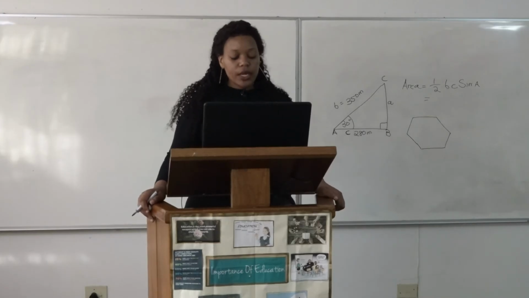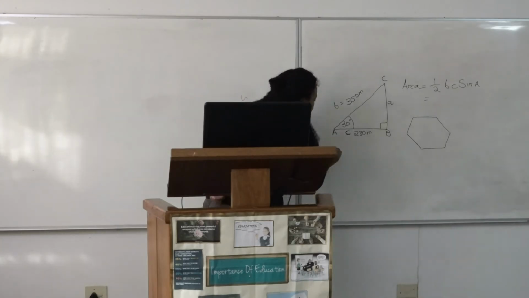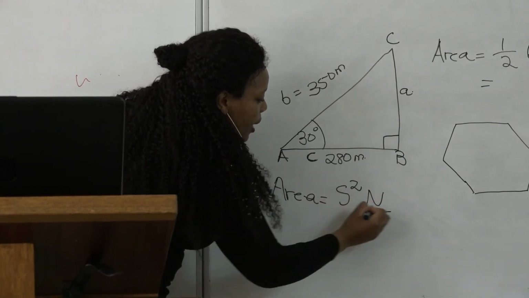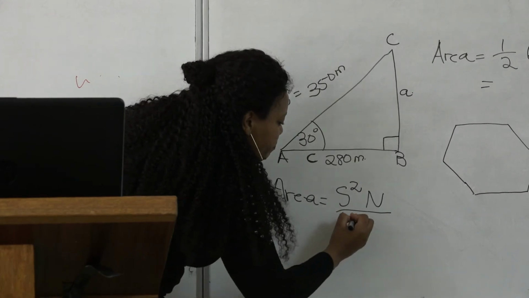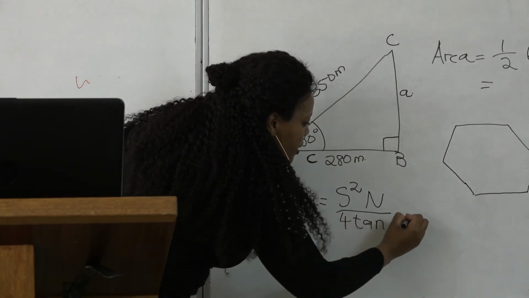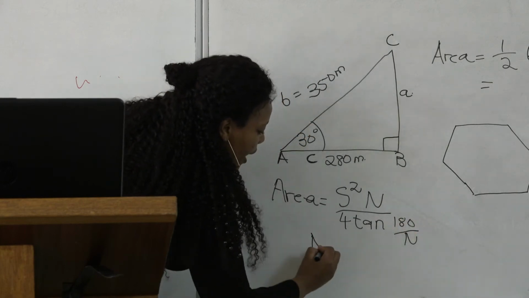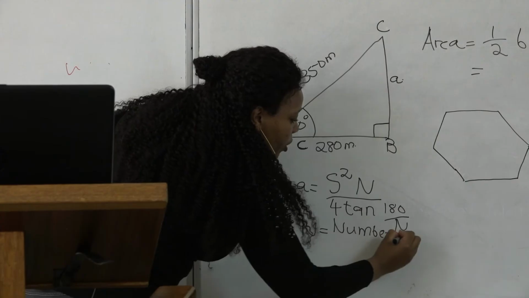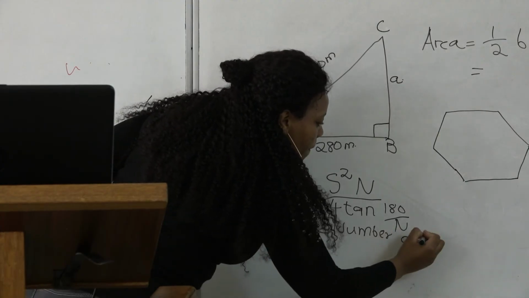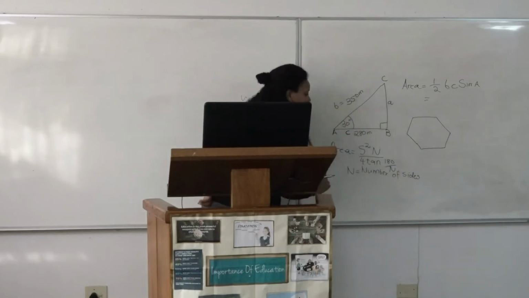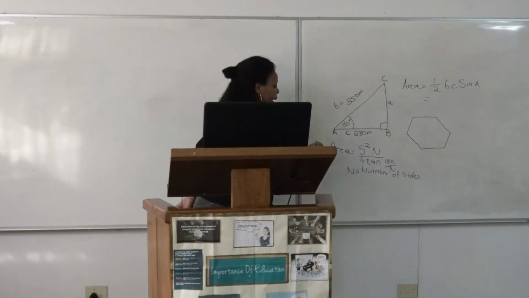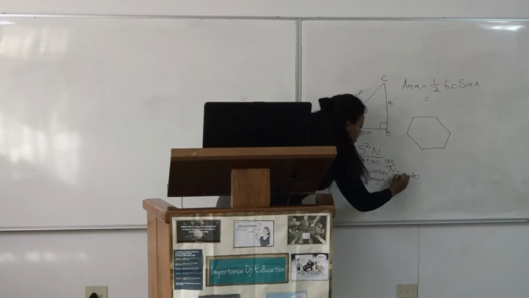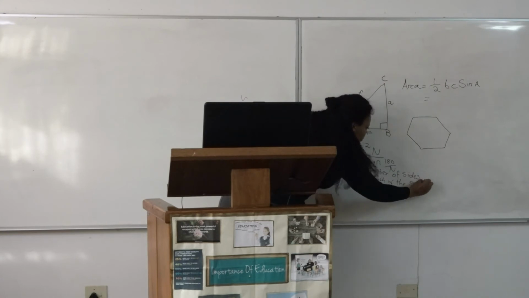We've got our formula here, which says area is equal to s squared times n divided by 4 tan 180 divided by n, where n stands for the number of sides and S stands for the length of the sides.